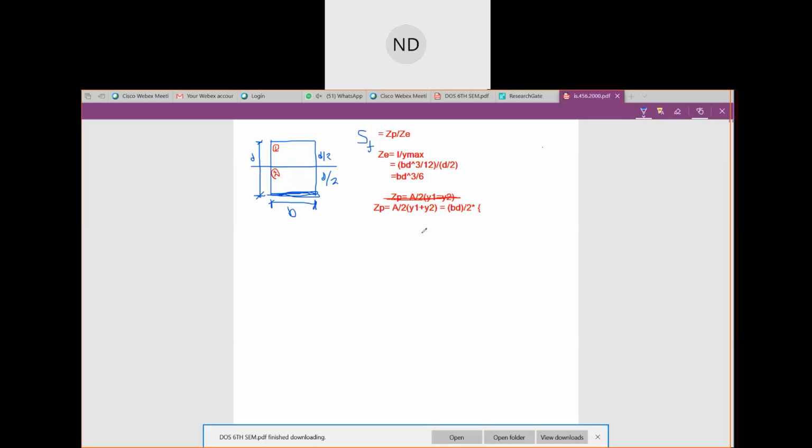The rectangular section is divided into two members. Y1 indicates the first member, and Y2 the second member. Y is the distance of the CG of each member from the CG of the entire section.